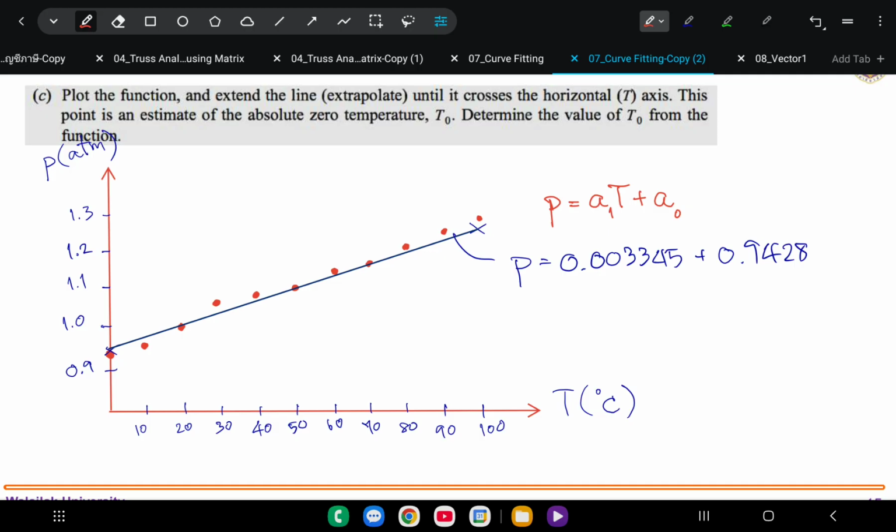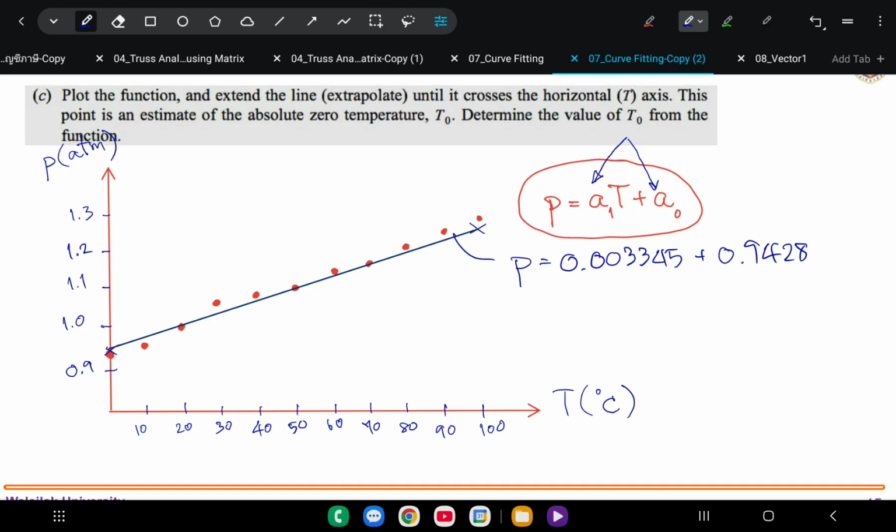What we have to determine is the relationship between pressure and temperature in this equation, and we have to find these two parameters, A1 and A0.